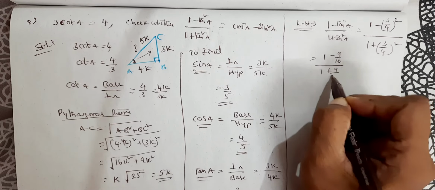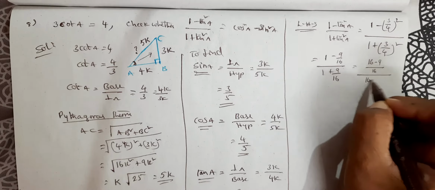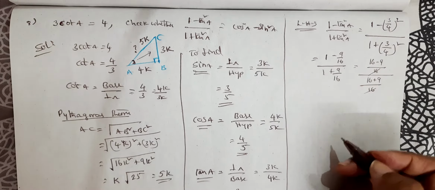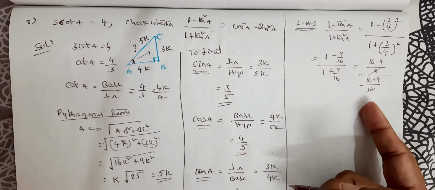Therefore, it is 16 minus 9 by 16 divided by 16 plus 9 by 16. You have 16 at the denominator places, so they will get cancelled. 16 minus 9 is equal to 7, divided by 16 plus 9 is 25. Let it be equation 1. We got the LHS value to be equal to 7 by 25.